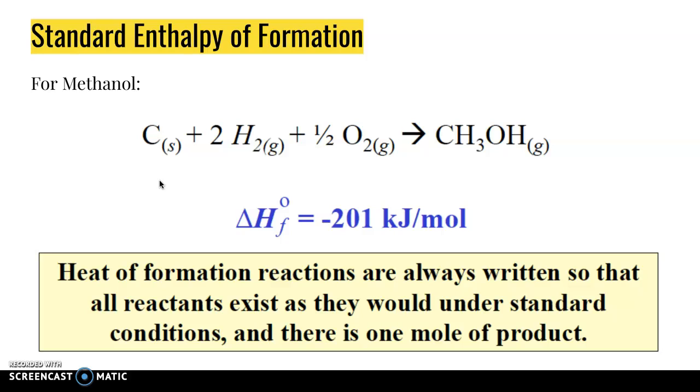We have a coefficient of 1/2 in front of O2, which looks kind of funky, but remember that the enthalpy of formation is for forming 1 mole of that product. For methanol, we just want 1 mole of methanol. Since methanol only has 1 O, but oxygen has a standard state of O2, we have to have a 1/2 coefficient in front of it. So that's why that looks a little bit funky.